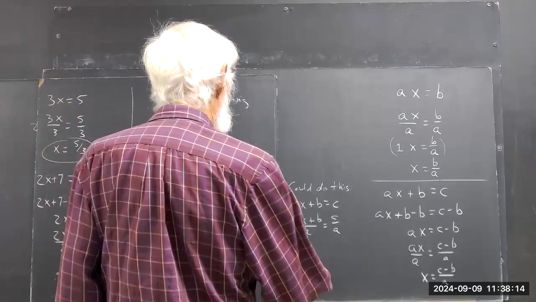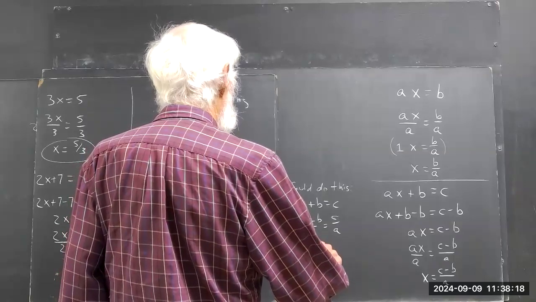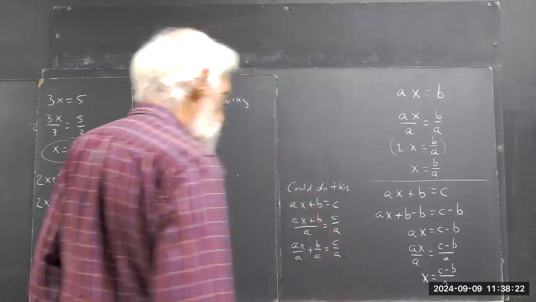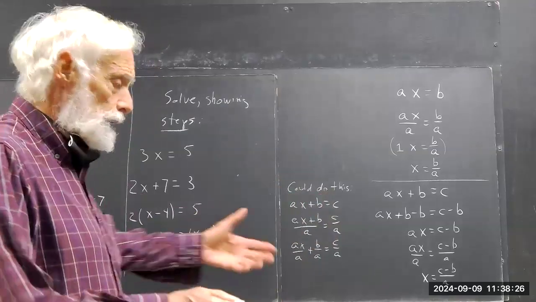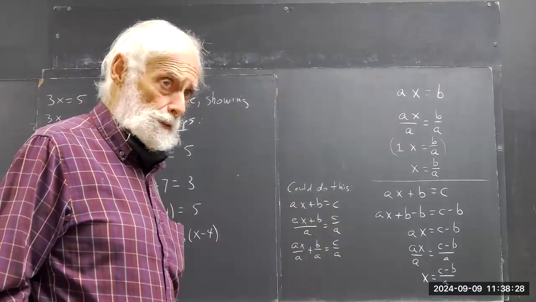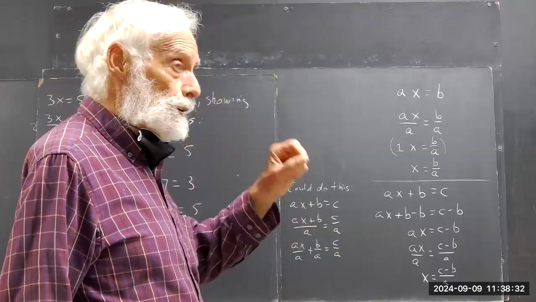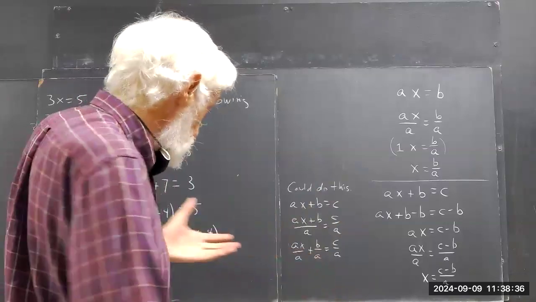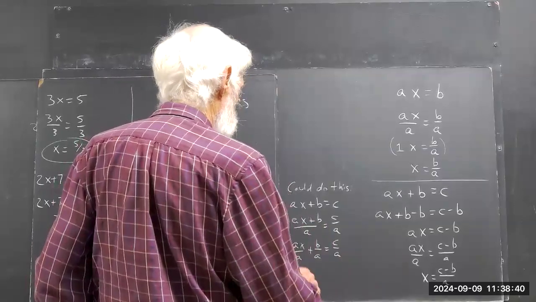That means AX over A plus B over A equals C over A. You see, we still have a lot of denominators here, and we've got to deal with it. It's a little messy. If you keep your wits about you and do every step in a valid manner, you can still get to the solution. It's not all that hard, but why go to that trouble when we can do this?